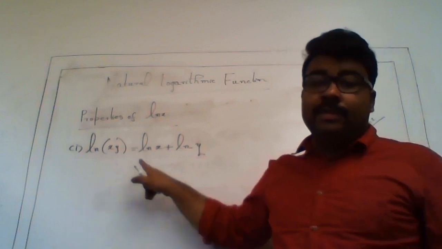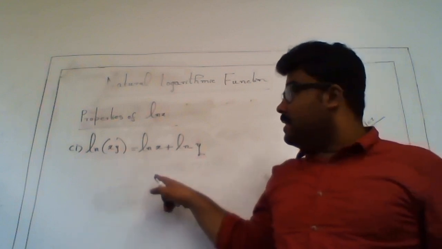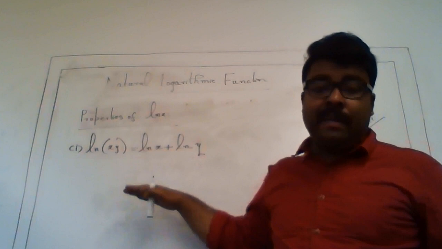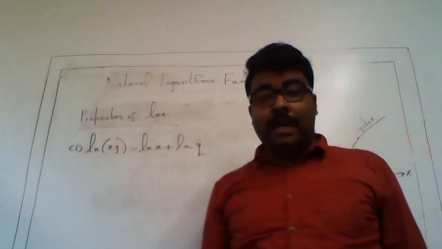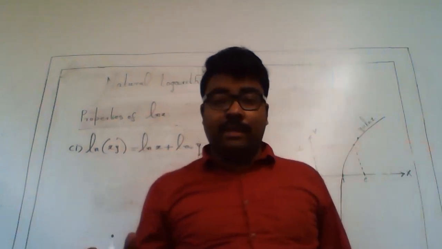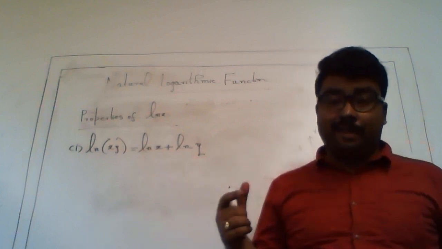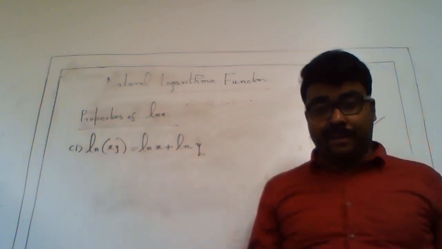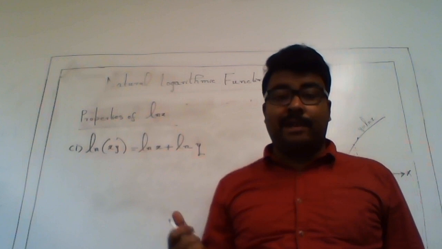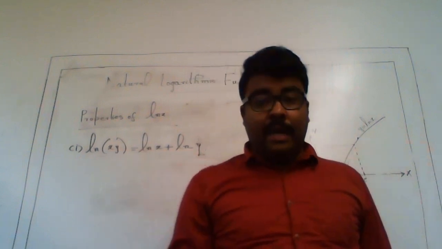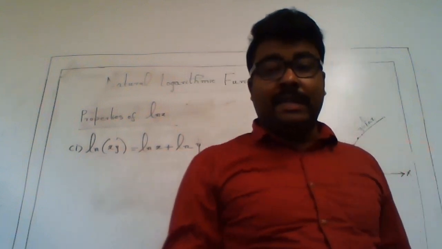Due to this important property, and several other properties that I am going to list below, it helps to reduce complicated mathematical formulas into very simple ones, and that is why the natural logarithmic function is so important. Moreover, it is often called the catalyst of mathematics.